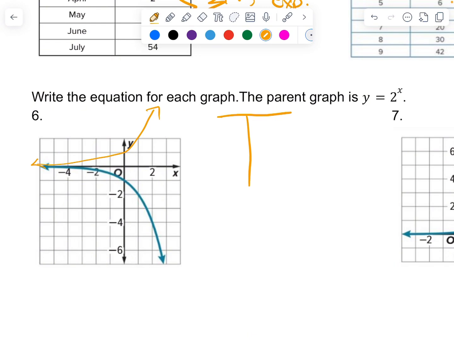If I have a t-chart, I have 1/4, 1/2, 1, 2, 4. Okay, so what happened over here? It reflected over the x-axis. So when it reflects over the x-axis, the negative will go out in front of the rate.